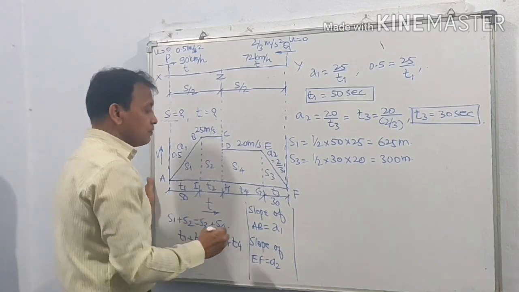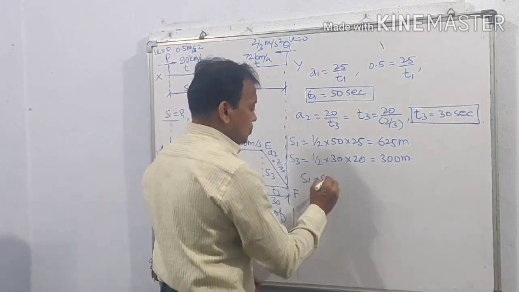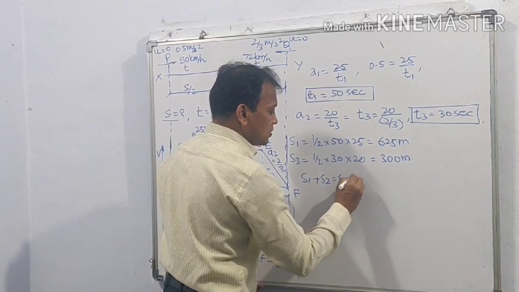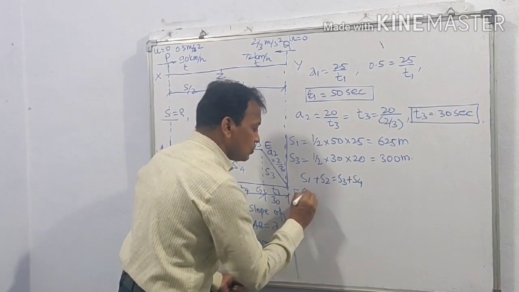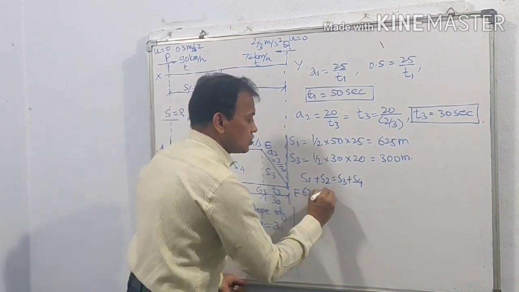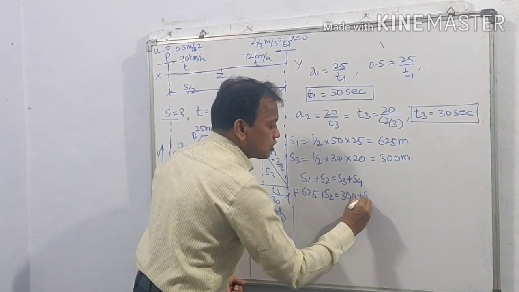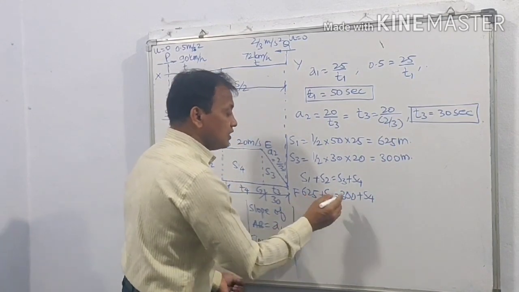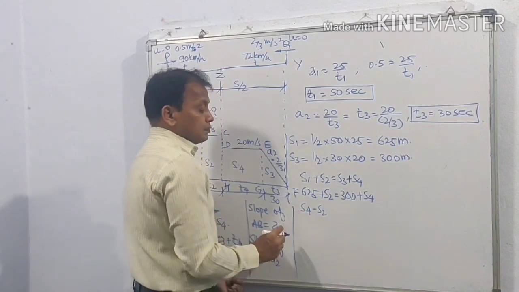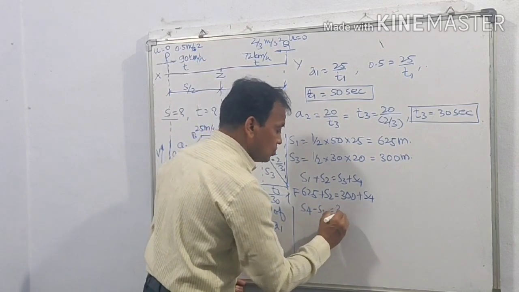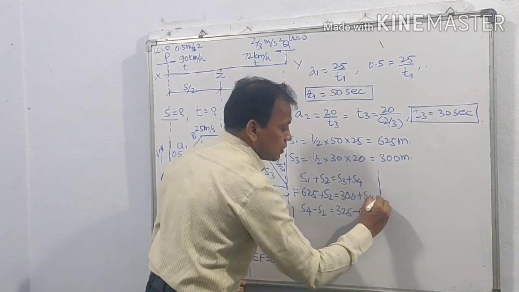So let us put values: S1 is equal to 625 plus S2, S3 is equal to 300 plus S4. So we can write S4 minus S2 is equal to 325. Let this be equation number 1.